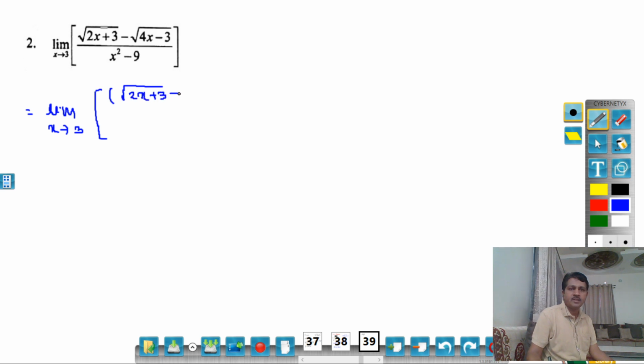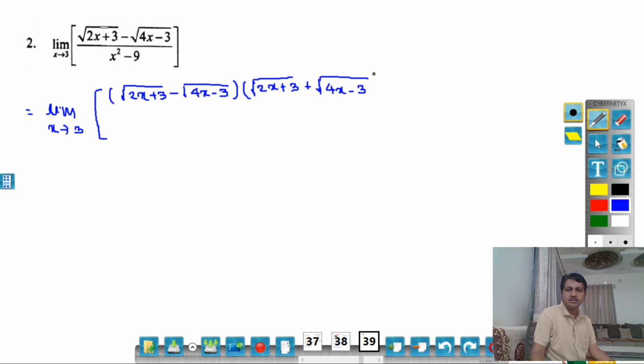Root 2x plus 3 minus root 4x minus 3, multiply by its conjugate. This is the irrational term, so multiply by the conjugate. It is square root 2x plus 3 plus square root 4x minus 3.